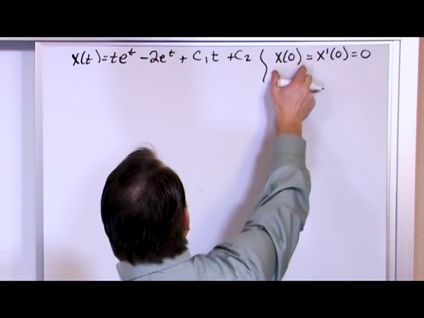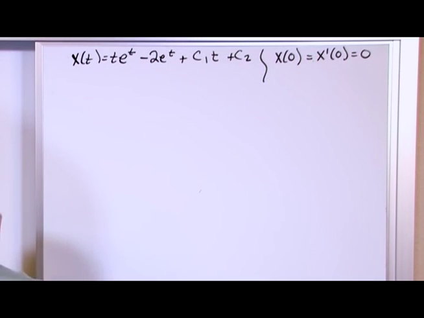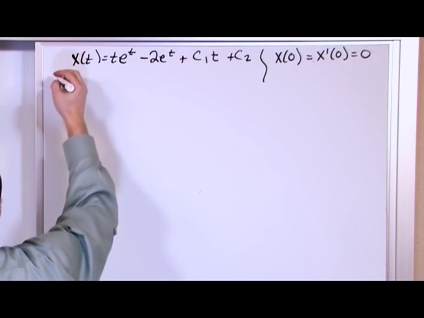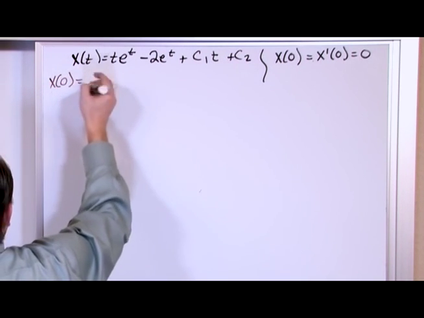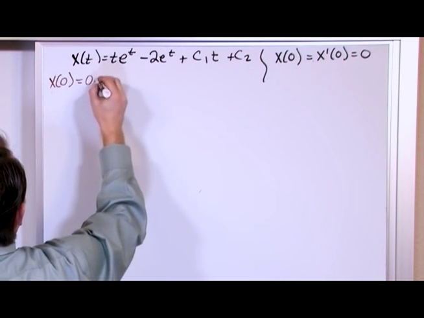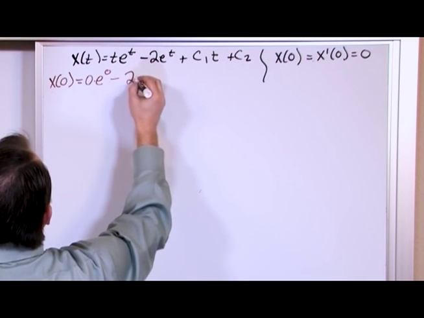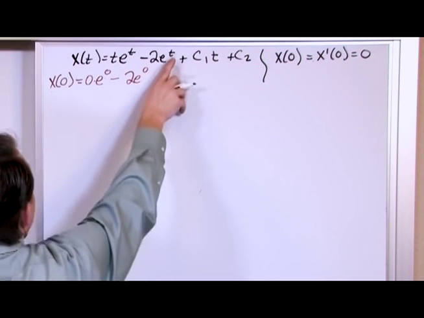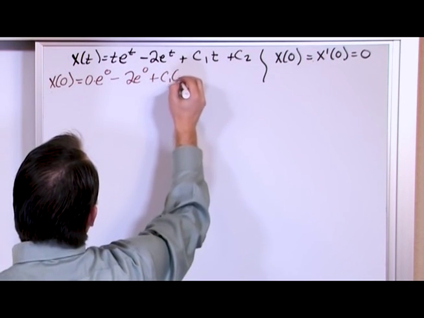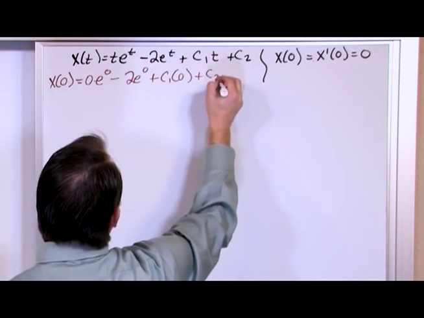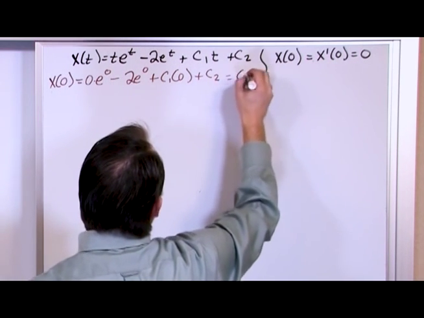So let's go ahead and use this one and plug it in there. All right, so at time 0, we have t e to the t, so we have 0 times e to the 0, right, because time is 0, minus 2e to the 0, because time is 0, plus c1 times 0, plus c2, and it's equal to 0.